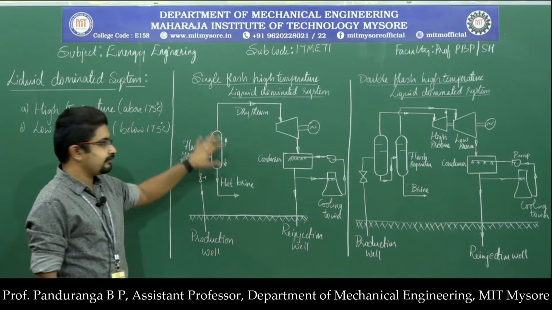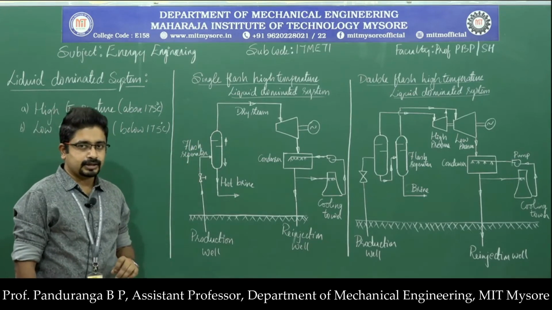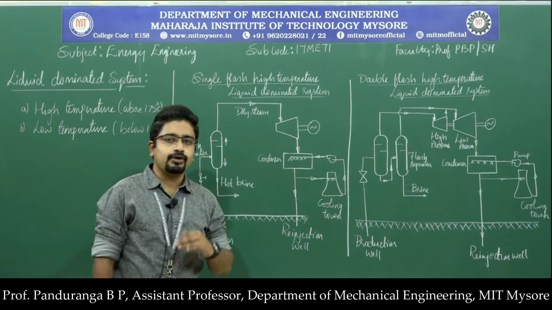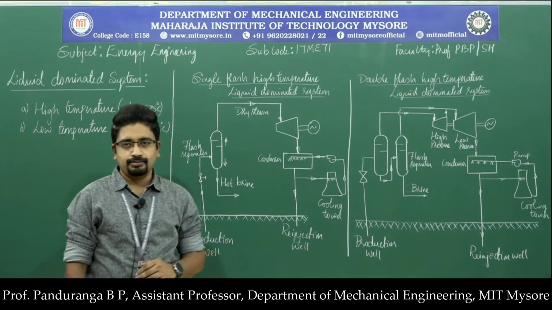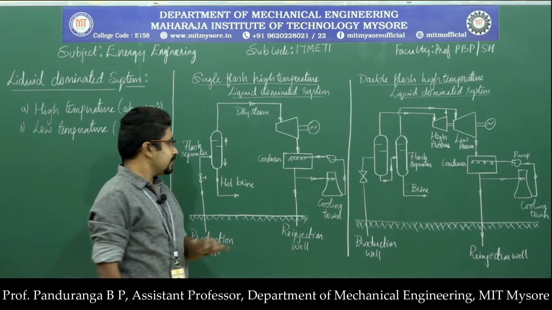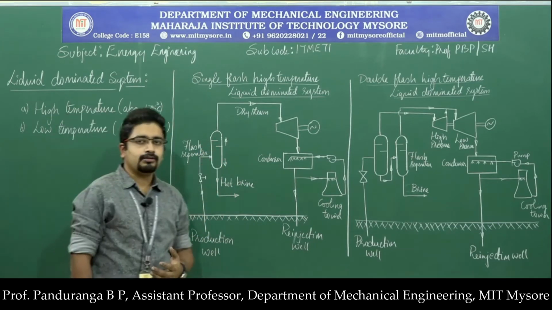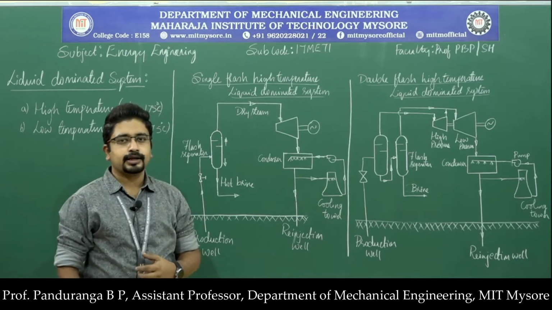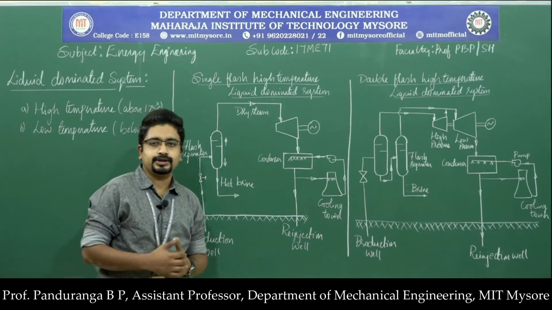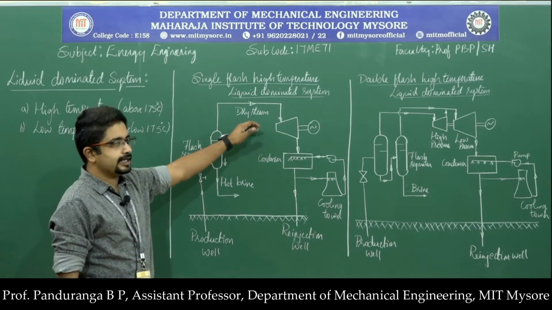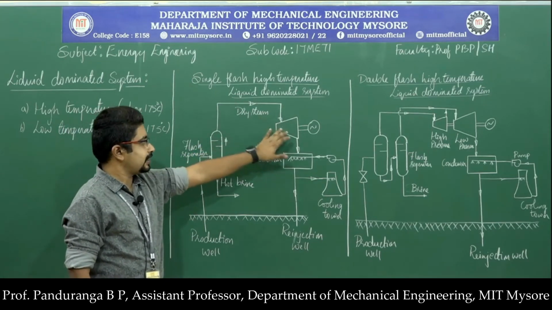What it does is, we bring the pressure of water below its boiling point pressure at 175 degrees Celsius. When we bring the water pressure below that, water starts to boil and a part of the water gets converted into steam. That steam, which will be dry steam, will be sent to the turbine.